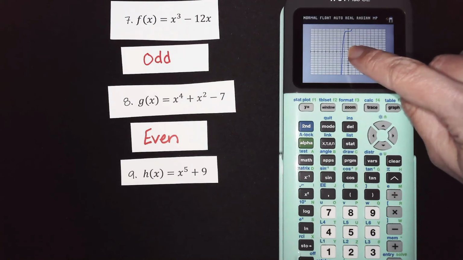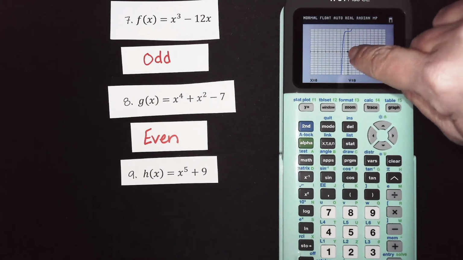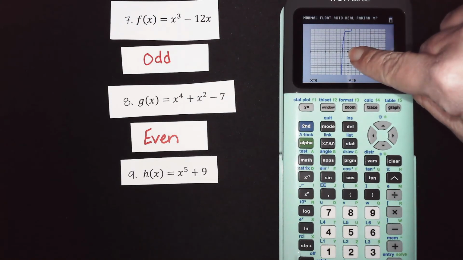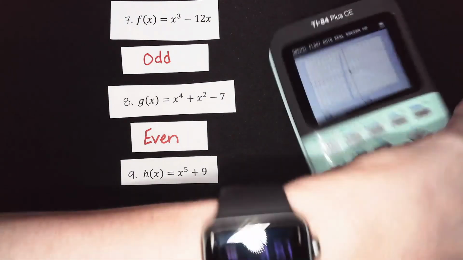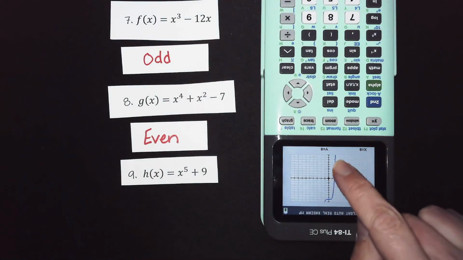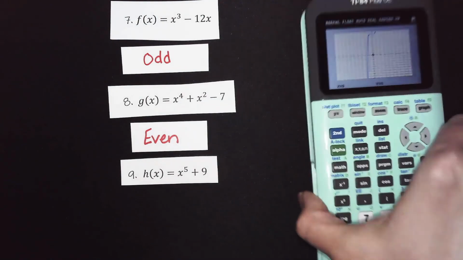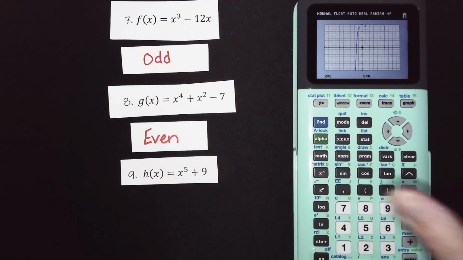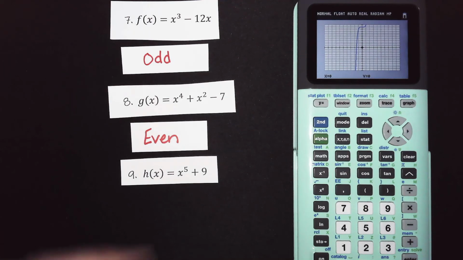If I turn my calculator right here at where that blinking dot is, it is not the same. If I turn my calculator upside down, that does not look the same. This curve was at the top before, and it went from the top to the bottom when I turned it. So this isn't even because it's not symmetric, and it's not odd because I can't rotate it 180 degrees and have it stay the same. So that's going to be neither.